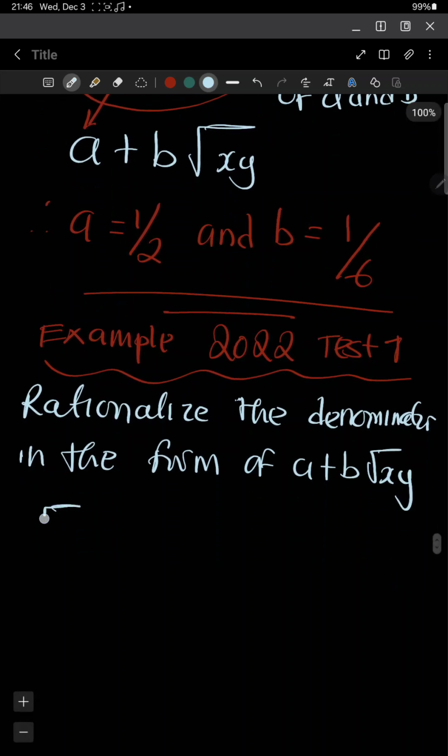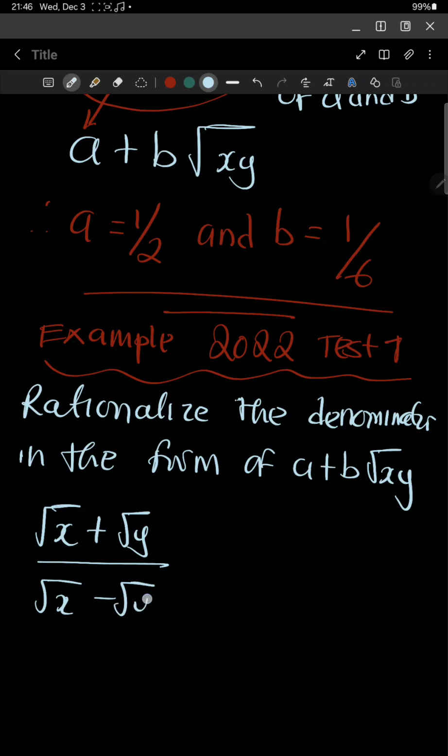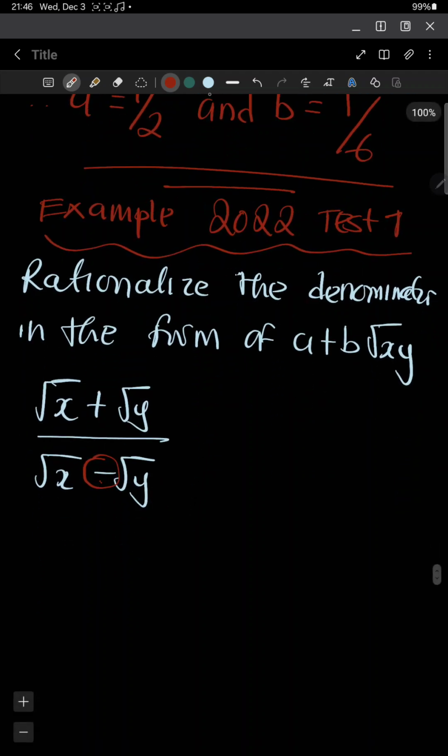We have square root of x plus square root of y divided by square root of x minus square root of y. So how can we rationalize this, or how can we find the conjugate of the denominator? Like I said, for us to find the conjugate of this denominator, we need to pay attention to this sign. So what is the opposite of this sign? We need to be careful when writing it.